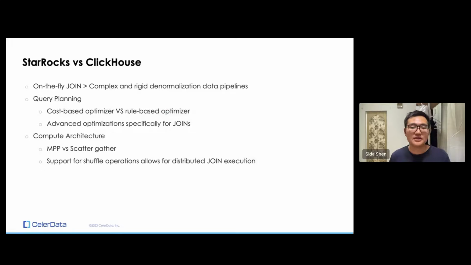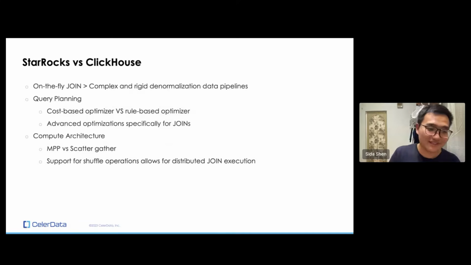Okay, let's do some conclusions. StarRocks versus ClickHouse: on-the-fly joins versus complex and rigid denormalization data pipelines, right? And for query planning, StarRocks has a cost-based optimizer versus ClickHouse's rule-based optimizer, right? StarRocks also built a lot more optimizations specifically for joins, like the global runtime filter we just talked about.